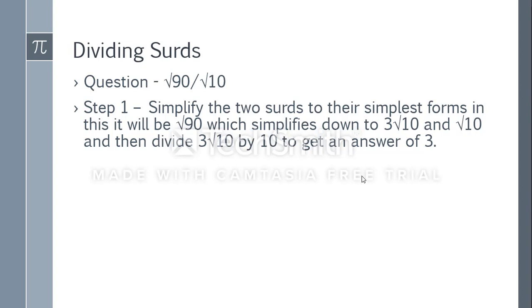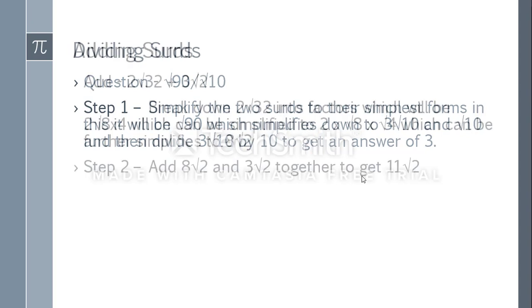So for this, it will be root 90, which simplifies down to 3 root 10, because root 9 times 10, root 9 is the same as 3, so it will be 3 root 10, and then the root 10 is there, which will be divided by root 10. So then we have 3 root 10 divided by root 10 to get an answer of 3.